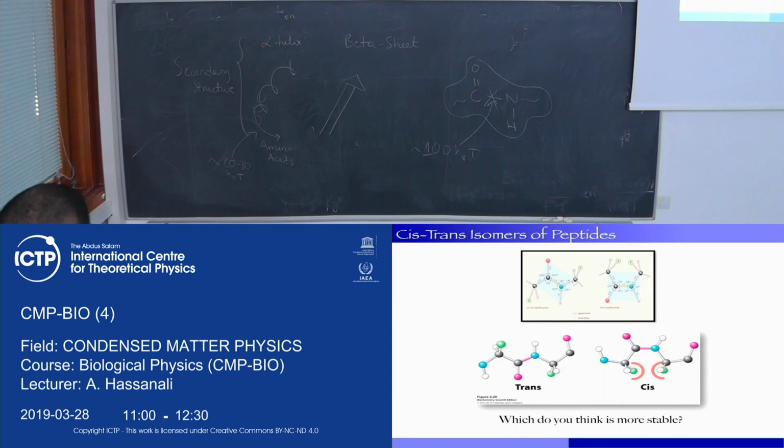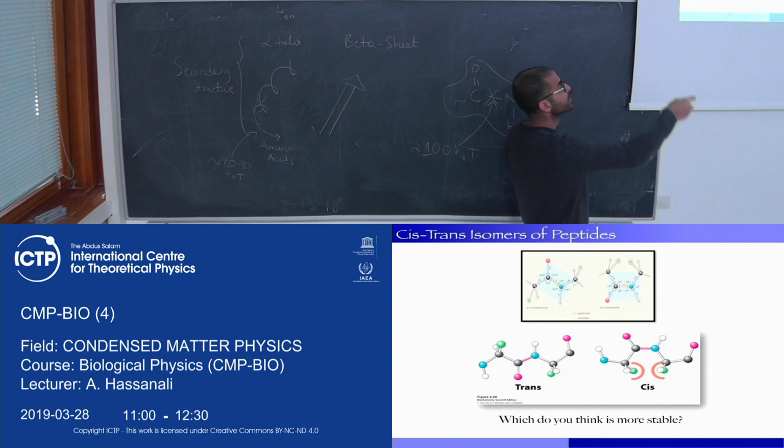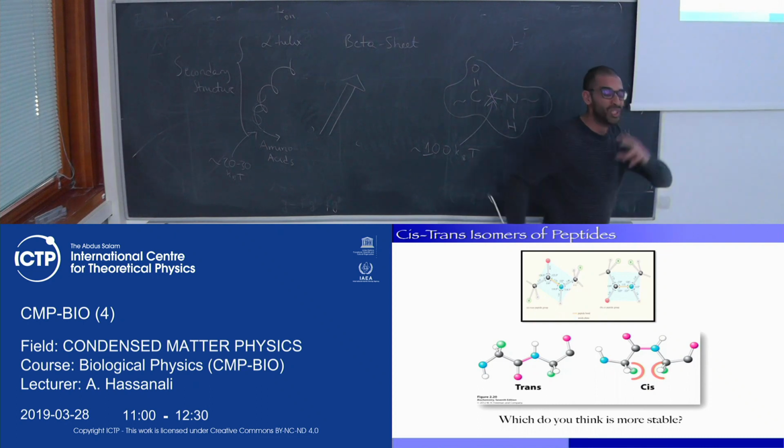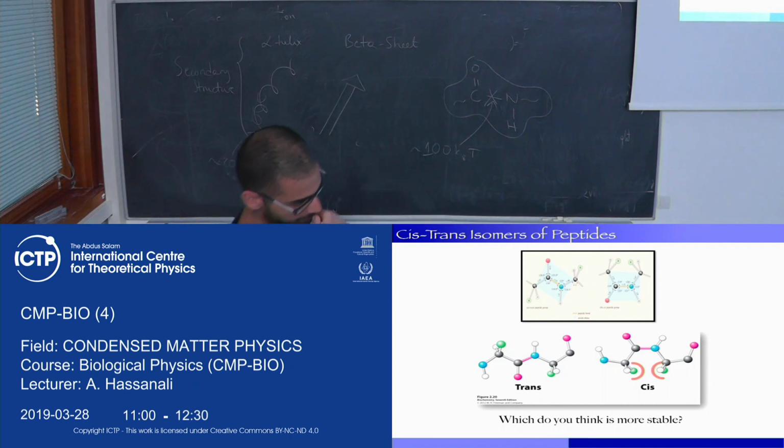I have two states, one is much lower in energy than the other. That's all it is. And then, of course, when you do the Boltzmann weight of these things, the trans ends up being much lower in free energy compared to the cis isomer, or the cis state.